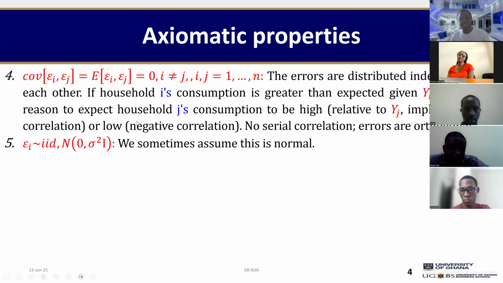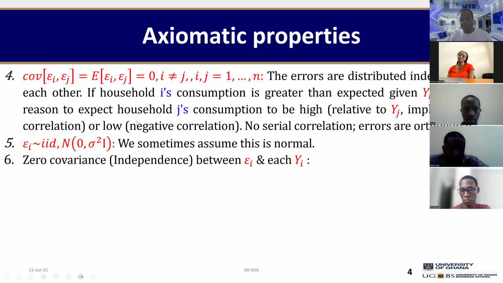It simply means that we want the errors to assume normality. There is another assumption, and that is independence between the error and the independent variable.